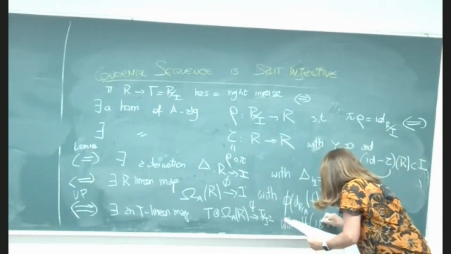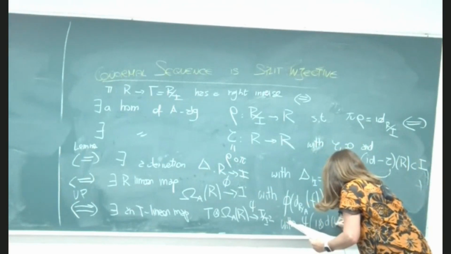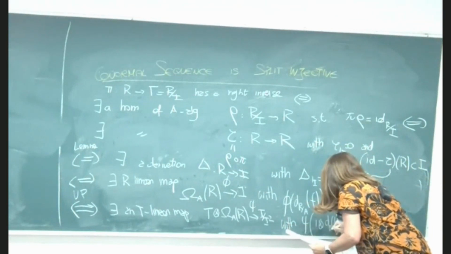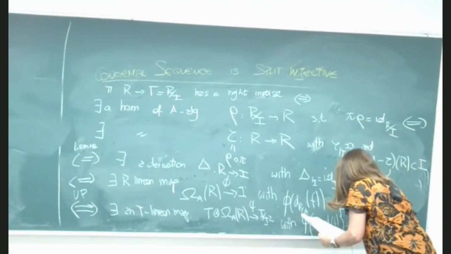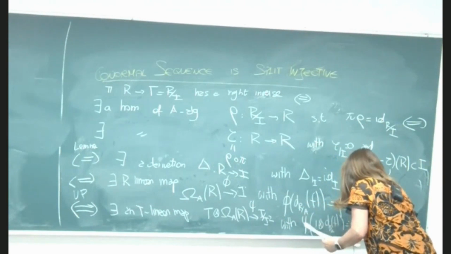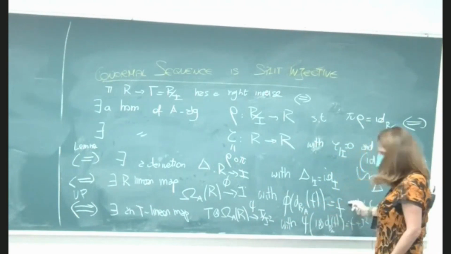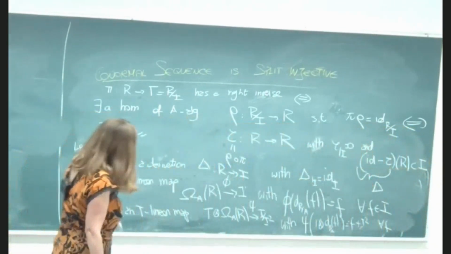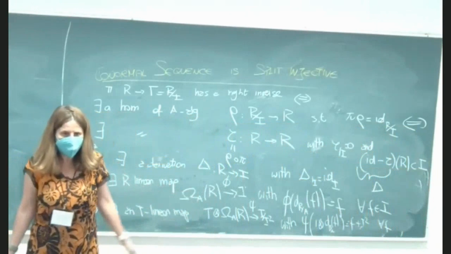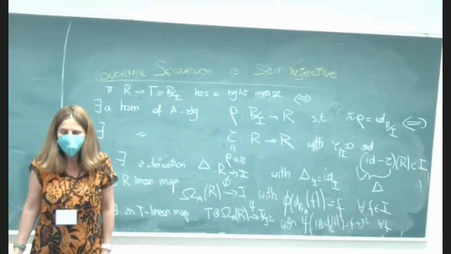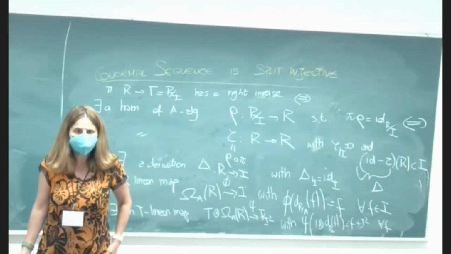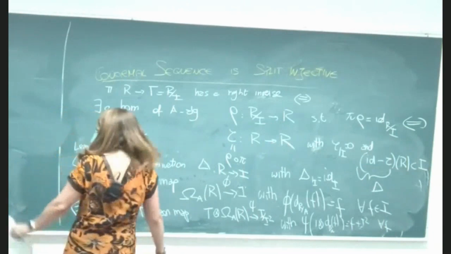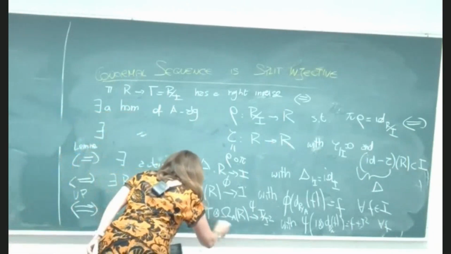You take 1 times the differential of f. This is d_{R/A}, to be precise, and is f plus I squared for every f, because this was giving you back the identity. And this is exactly what it means that delta is an inverse. This is our inverse. Okay? This is delta inverse.